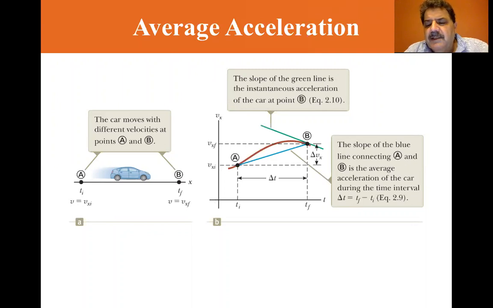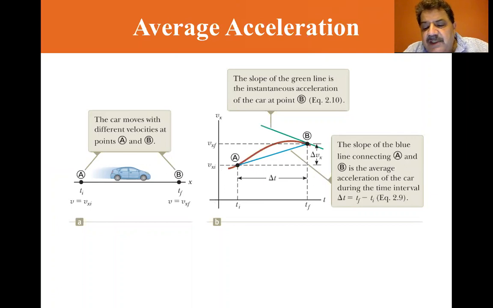Suppose an object modeled as a particle moving along the x-axis has an initial velocity vxi at time ti, at position A, and a final velocity vxf at time tf, at position B. This is figure A on the left-hand side. The red-brown curve, figure B, shows how the velocity varies with time.